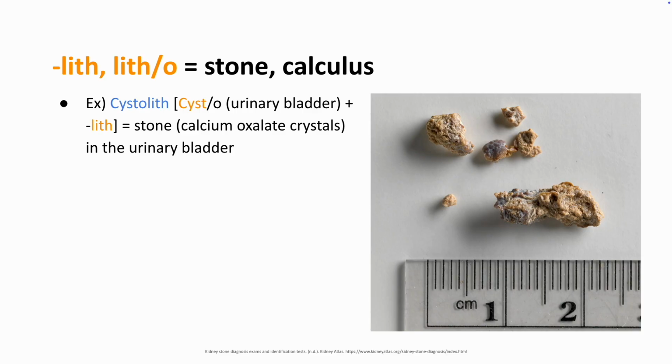But if you leave it for too long, it can get as big as longer than a centimeter. Yeah, that would hurt a lot. Yeah, I heard a kidney stone or urinary bladder stone is one of the most painful diseases to have.